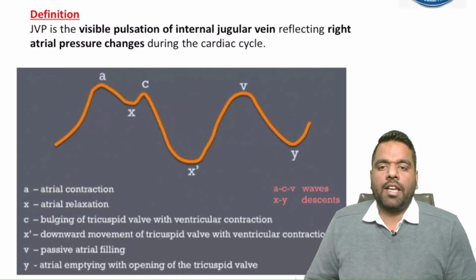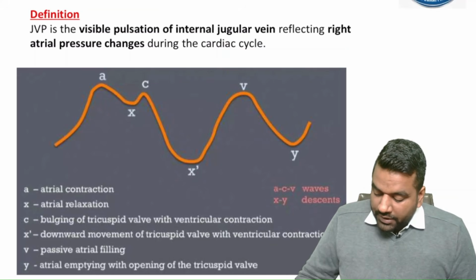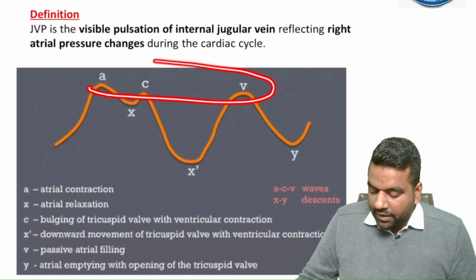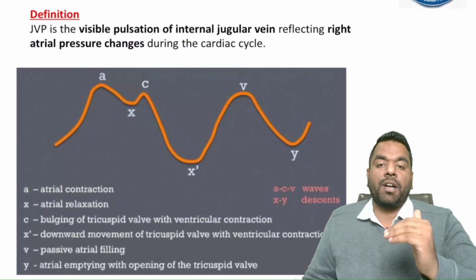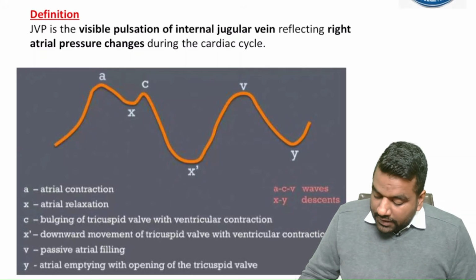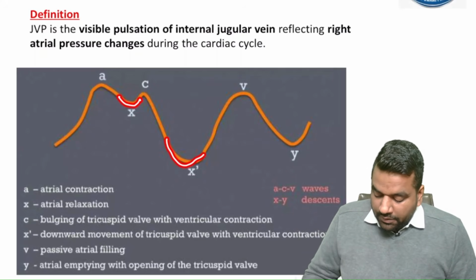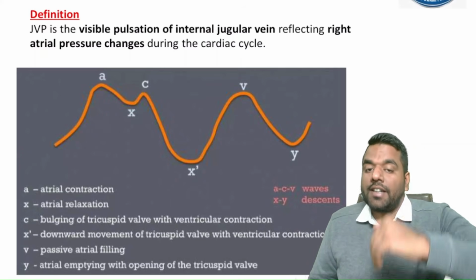The JVP graph has some waves and some descents. Three waves are there, that is A, C, V, which are shown on the upper side, and upper side means that pressure is increasing in the right atria. Whenever a descent is coming, meaning a downside wave is coming, this shows the right atrial pressure is decreasing.